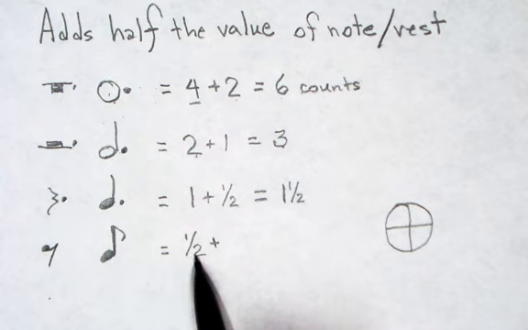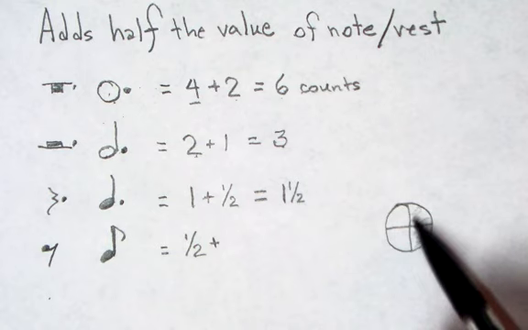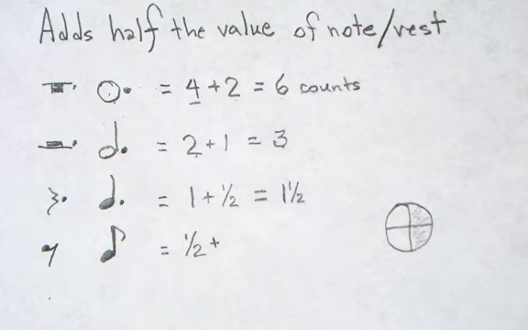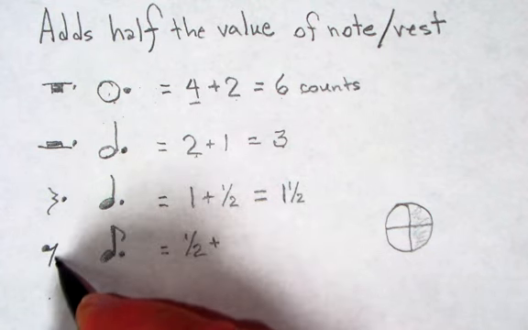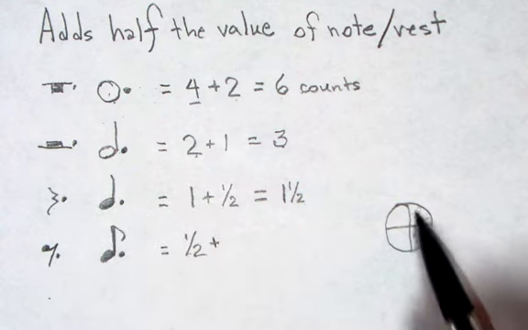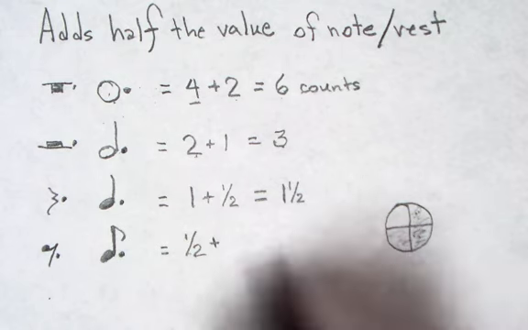Half a beat, or half of a pizza, cake, pie, whatever you want. What is half of a half if I put a dot? Remember, half of its value, so half of a half. Well, what's half of a half? There are 4 pieces here. It's 1 out of 4. So I'm going to add that 1 out of 4.